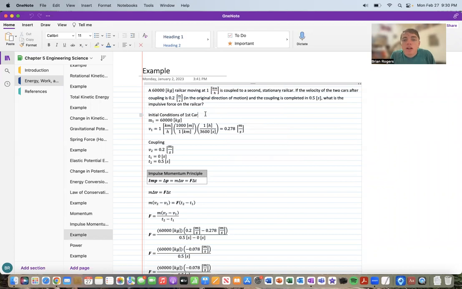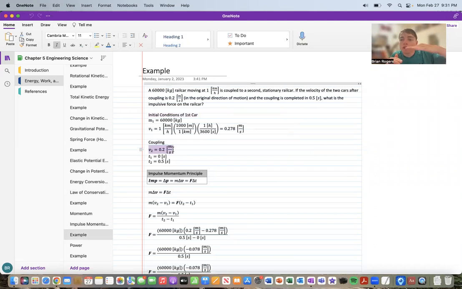Okay, so originally we're going to have our first rail car. And so calculating our mass, we know it is 60,000 and our velocity is given by 0.278 meters per second. And for the second one, what we're going to notice is the velocity after the first and the second car are coupled together.